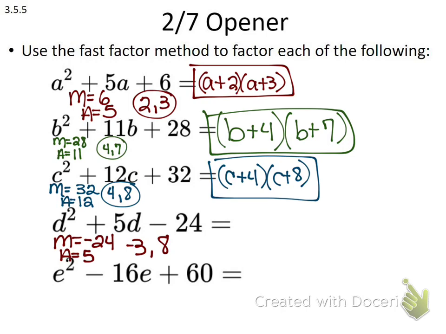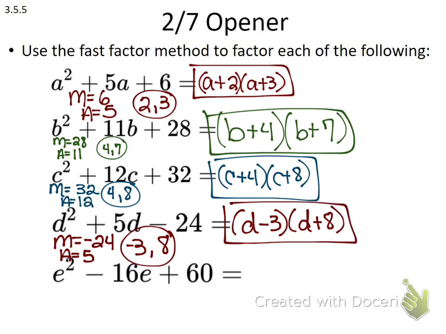My M is negative, my A is positive, which means my smaller number is negative. Very good. Okay. And parentheses D minus 3, and then parentheses D plus 8. Questions on that one? Feel pretty good about it? Good. All right, last one.